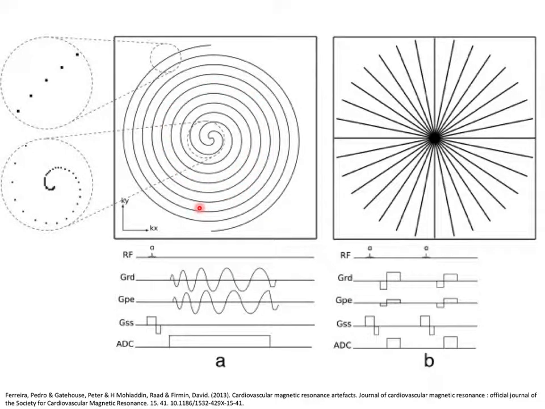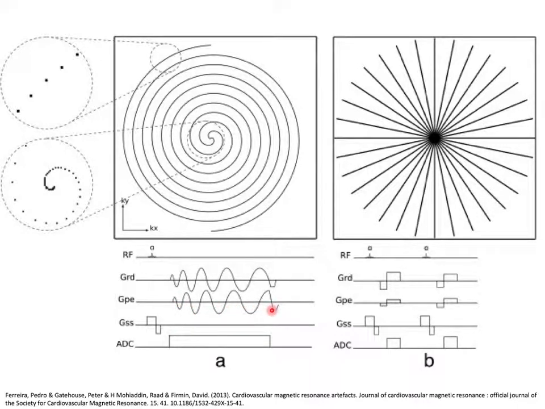And so you can sample the two-dimensional K-space of the object from the center of that K-space, or the Fourier space, out to the periphery with essentially one long acquisition, right?